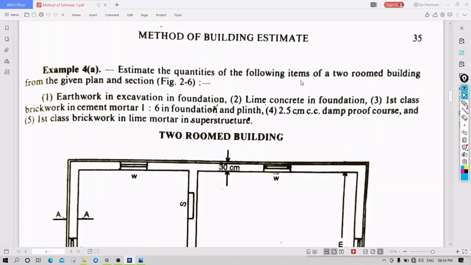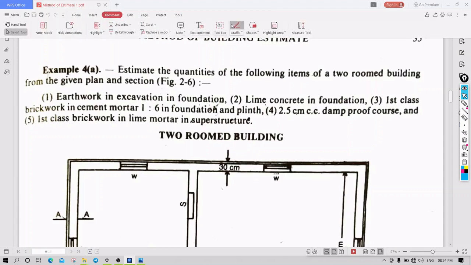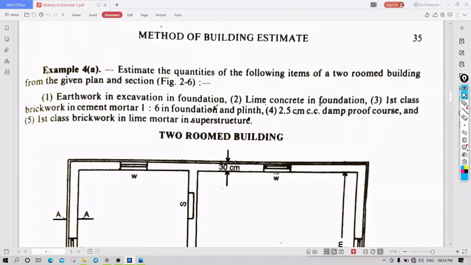We will estimate the quantities of the following items of a two room building. What are the quantities we need to calculate? Earthwork in excavation in foundation, lime concrete in foundation, first class brickwork in cement mortar 1:6 in foundation and plinth, 2.5 centimeter damp proof course DPC, and first class brickwork in lime mortar in superstructure.